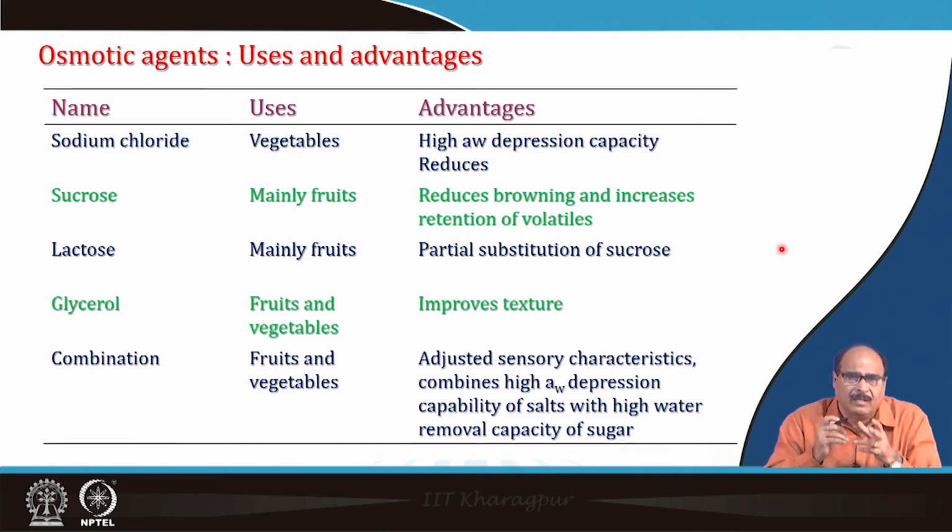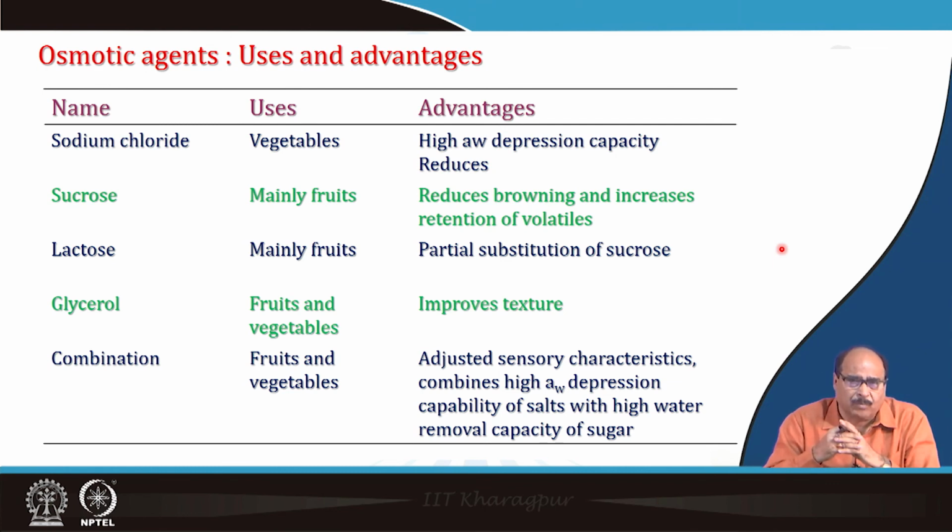Okay, there are uses and advantages. Sodium chloride can be used for vegetables, and it has a high water activity depression capacity. Then sucrose and lactose are mainly used for fruits. Sucrose particularly reduces browning and increases retention of volatiles, and lactose is a partial substitution of sucrose.